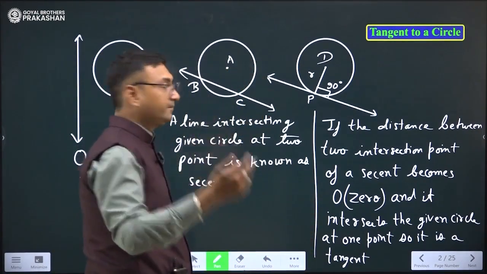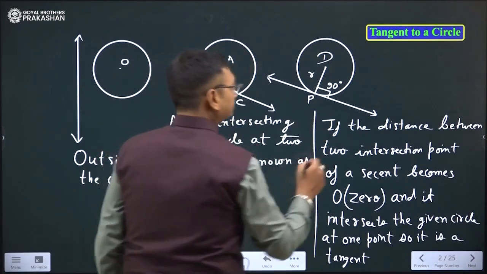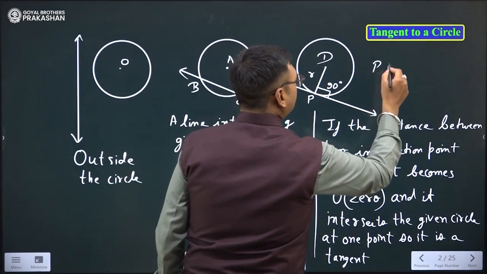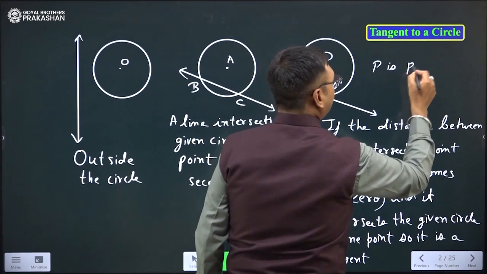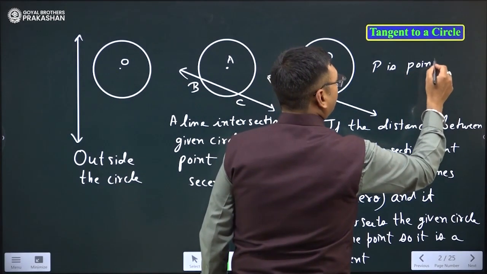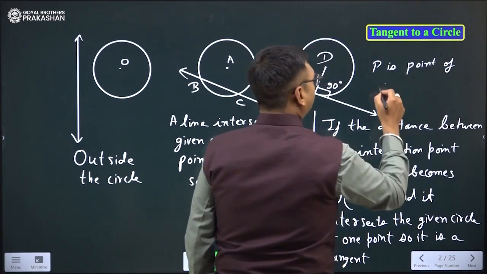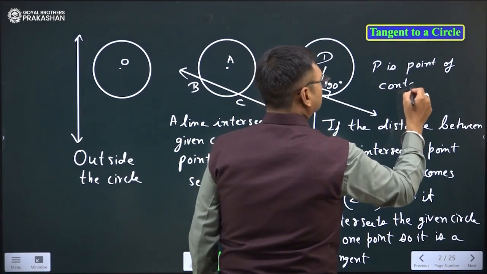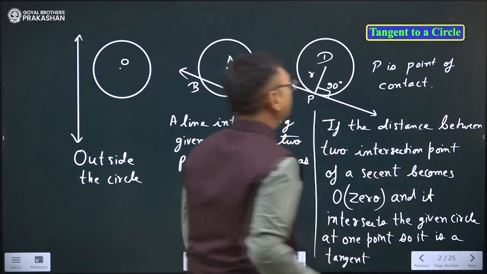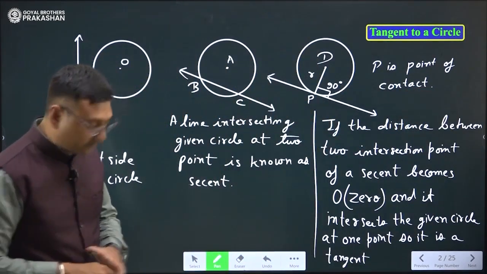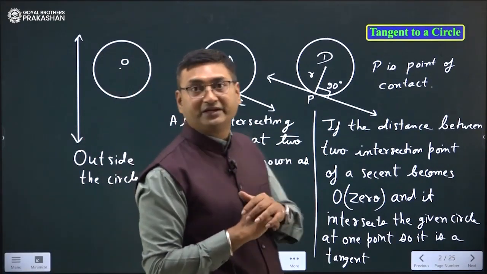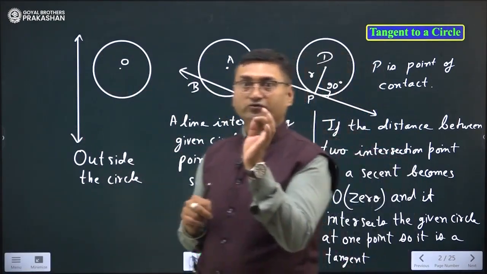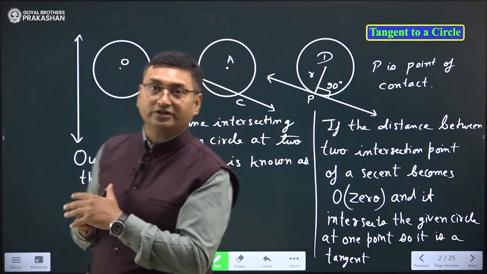And at which point? This point is known as, let me write down, P is the point of contact. Point of contact. So if you check the angle between the radius and the tangent at the point of contact, why is it known as the point of contact?